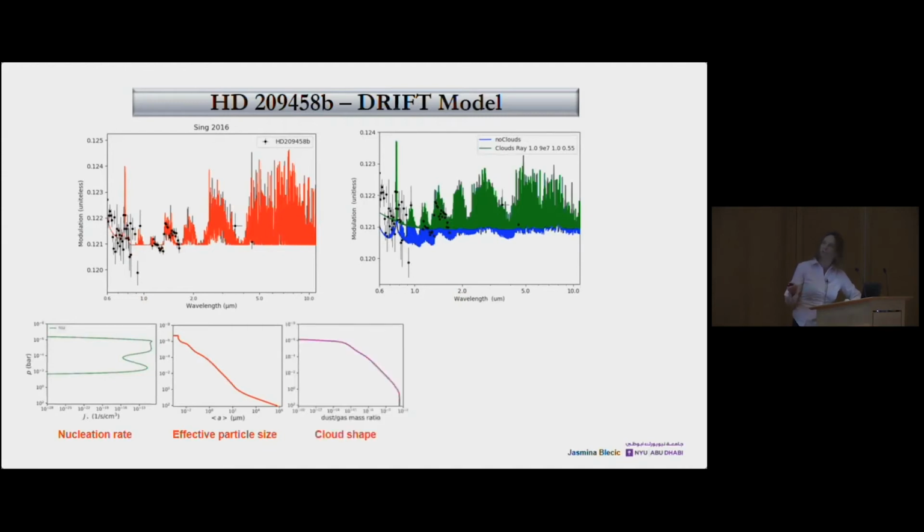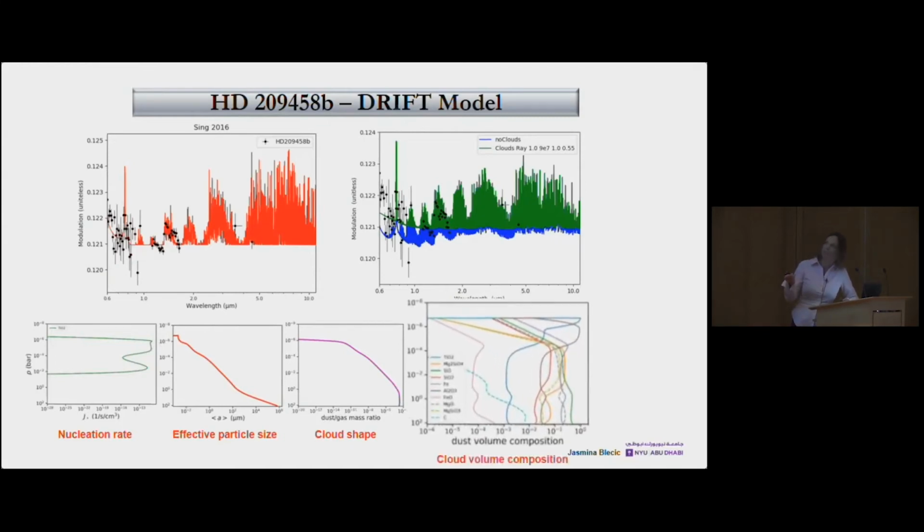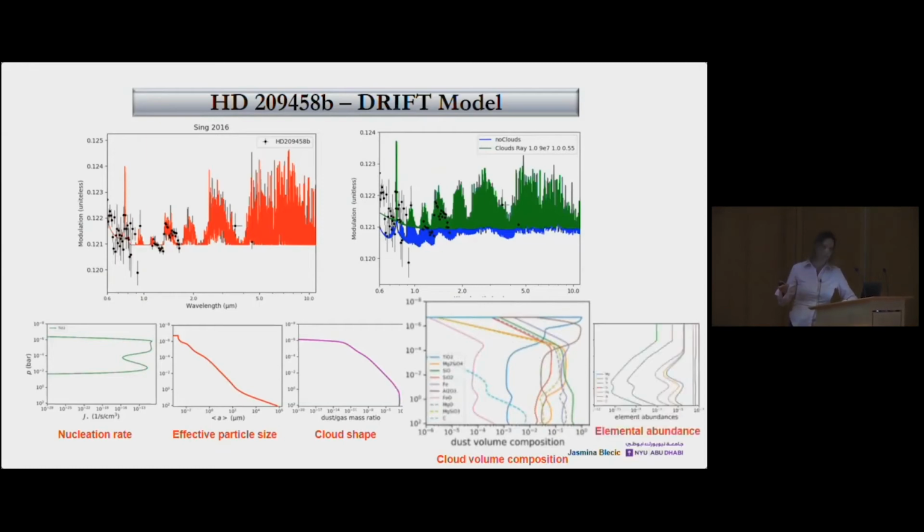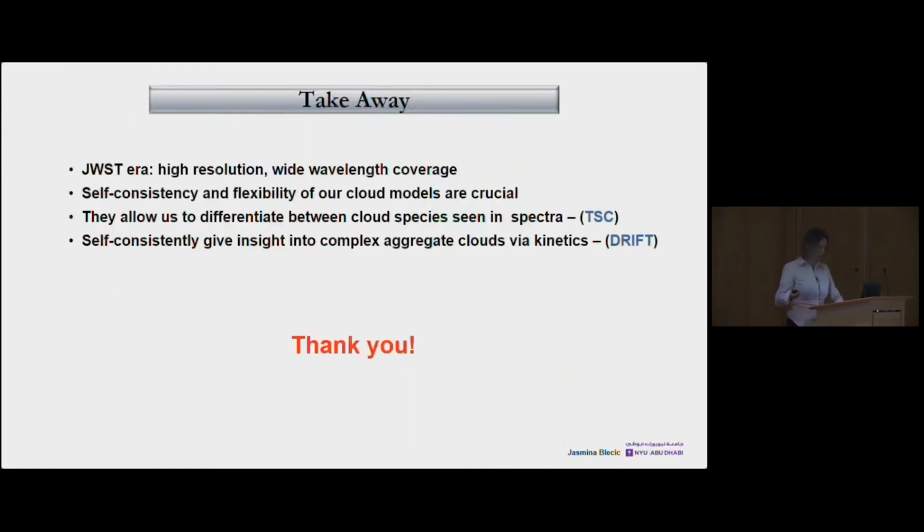We can also produce the cloud shape, which means where most of the mass of the cloud is actually located. Then we can see which cloud species are formed in different parts of the atmosphere, and finally, how the elemental abundances are changing.